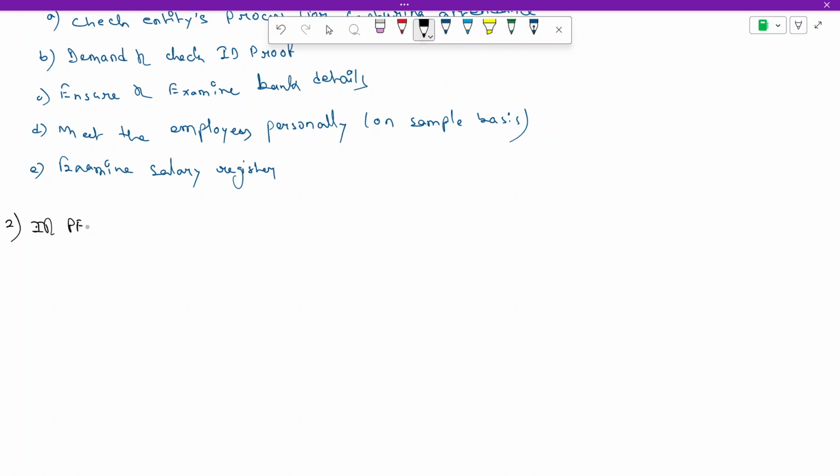Check if PF, ESI, TDS are deducted from salary of employees.